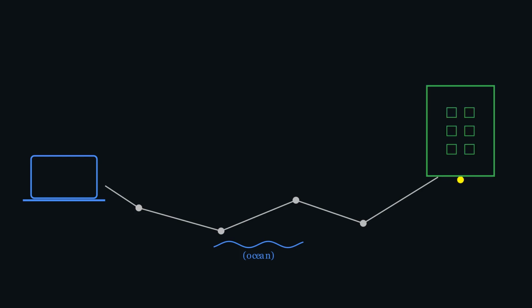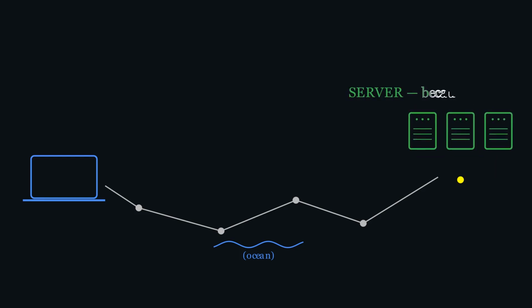And the destination? A building full of computers whose only job is to sit there, powered on day and night, waiting for a message like this one. A computer that waits for a request and answers them has a special name. It's called a server because it serves.